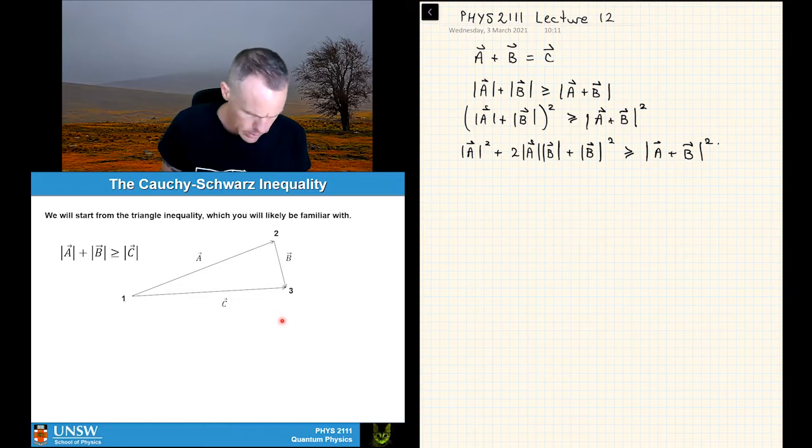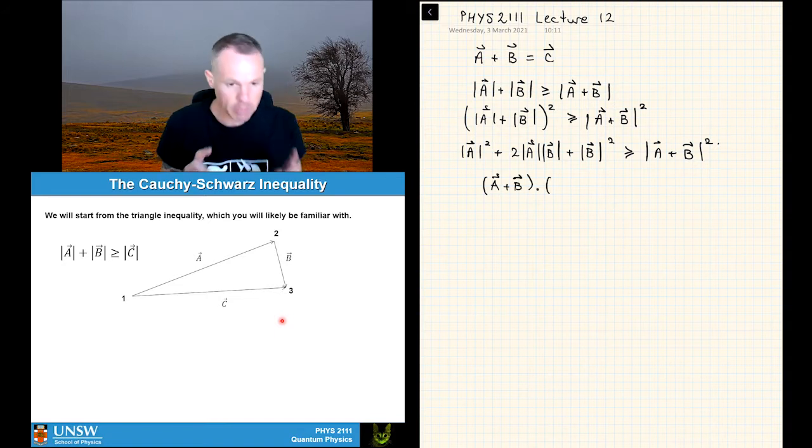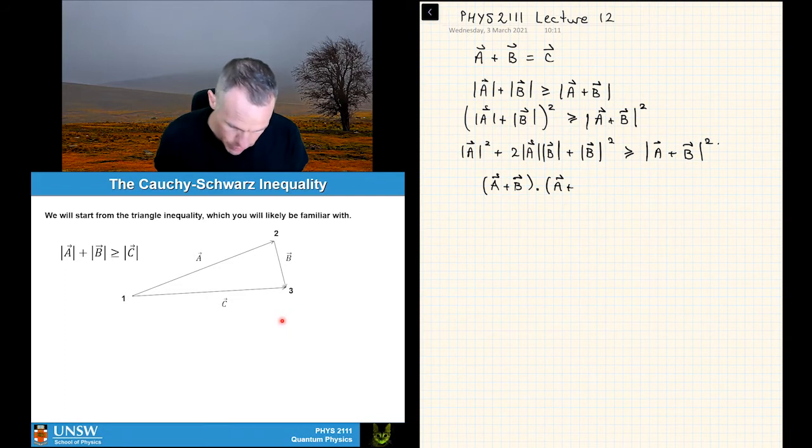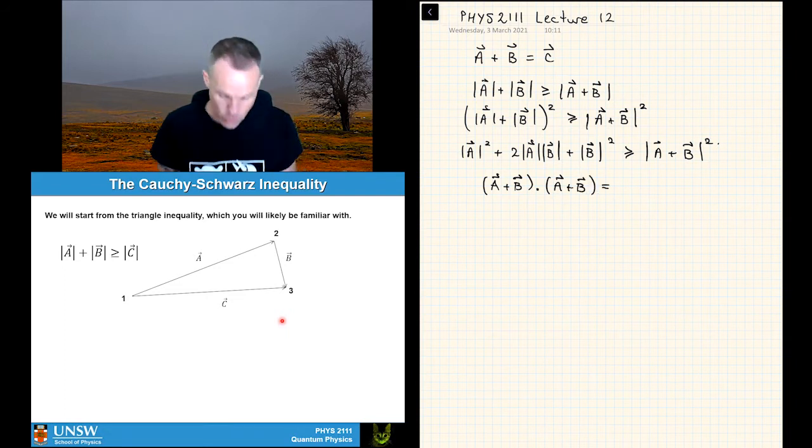Something that we know is if we take the dot product of A plus B with itself, right? So we're basically taking the dot product of C and C. This will be equal to the product of the two lengths, right?